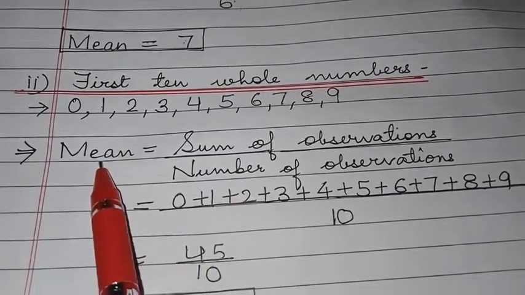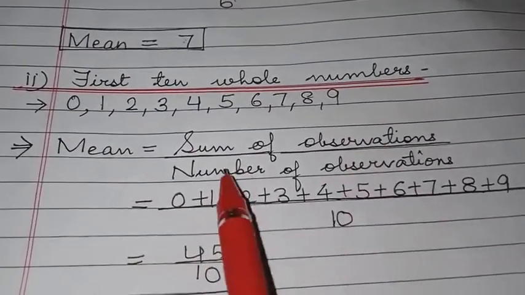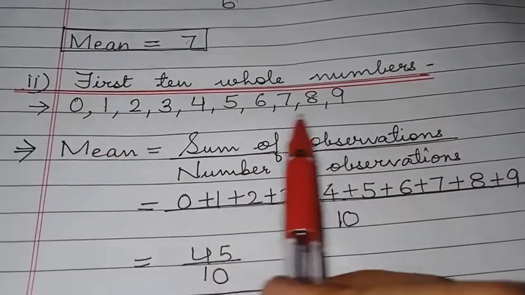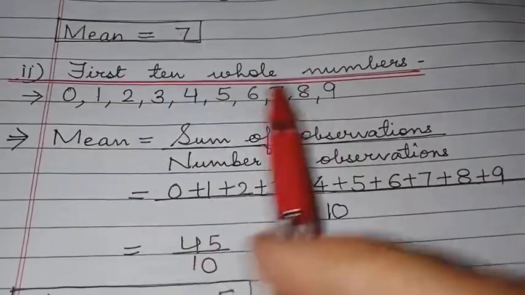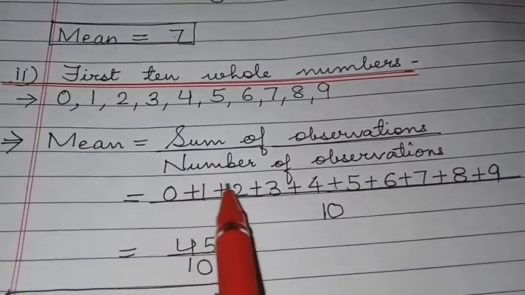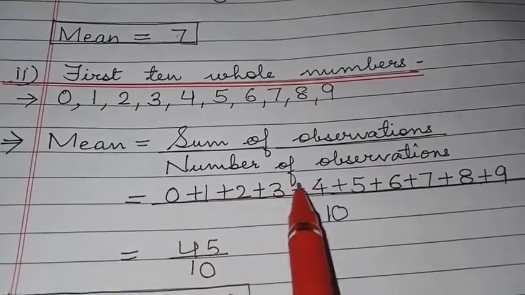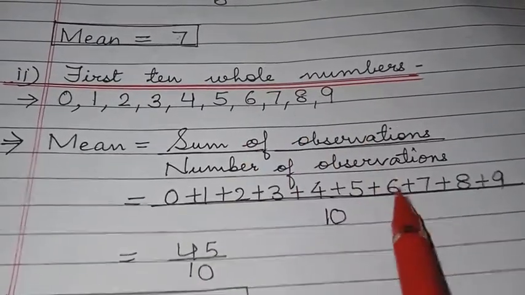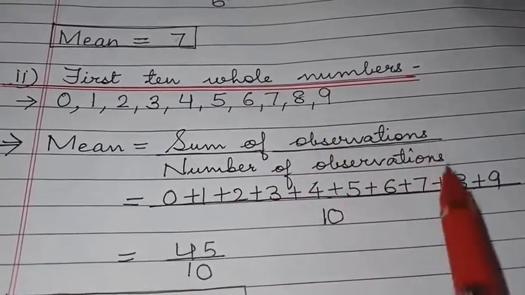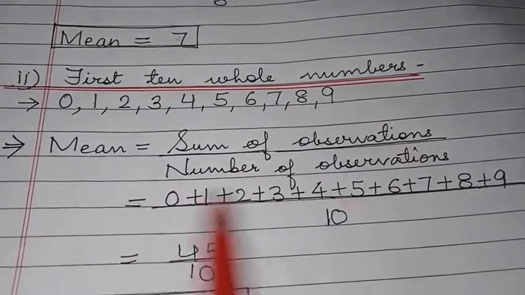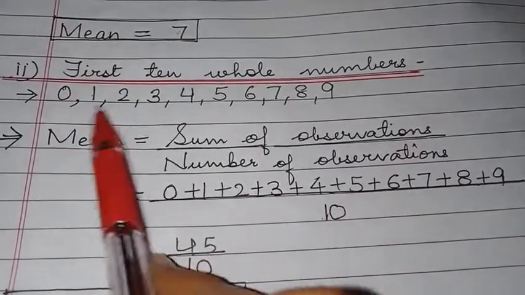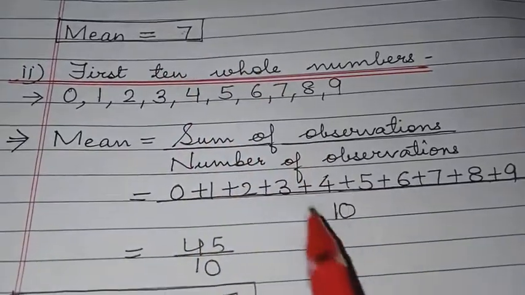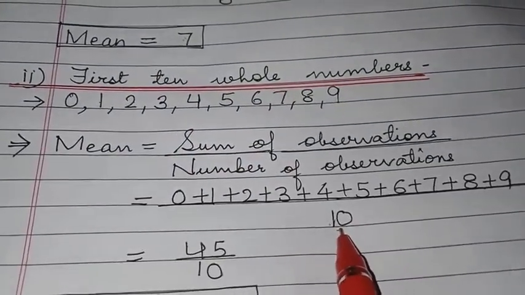Mean is equal to the sum of observations upon the number of observations, which is 0 plus 1 plus 2 plus 3 plus 4 plus 5 plus 6 plus 7 plus 8 plus 9, divided by 10. Number of observations is 10.